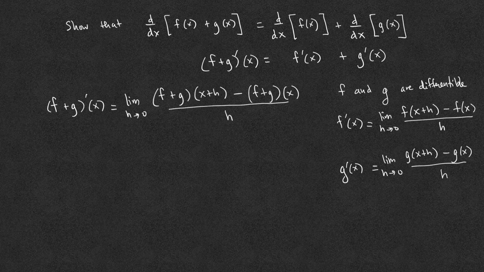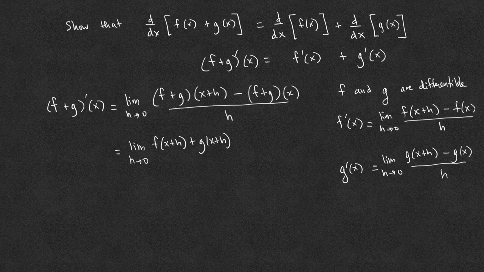The limit definition of the derivative of any function is the limit of the difference quotient of the function. In this case, the function happened to be f plus g. This is the limit as h goes to 0 of f of x plus h plus g of x plus h.